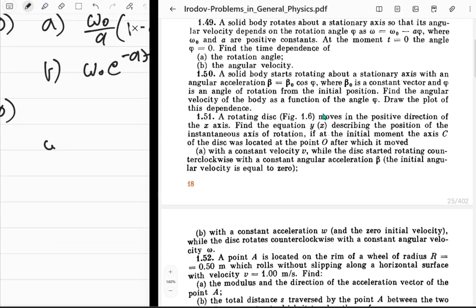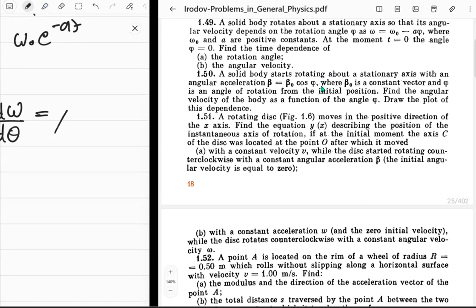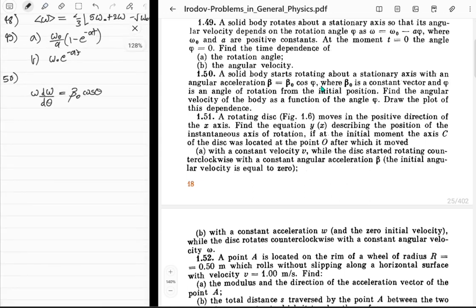It's just going to be omega d omega upon d theta is equal to beta naught cosine theta. I use theta, they use something else. Don't get confused by that. Now just integrate this.